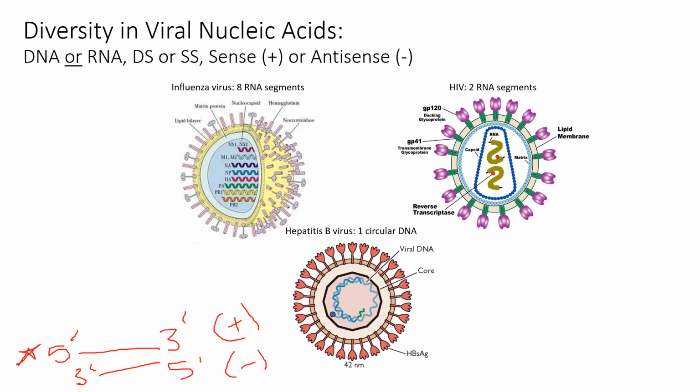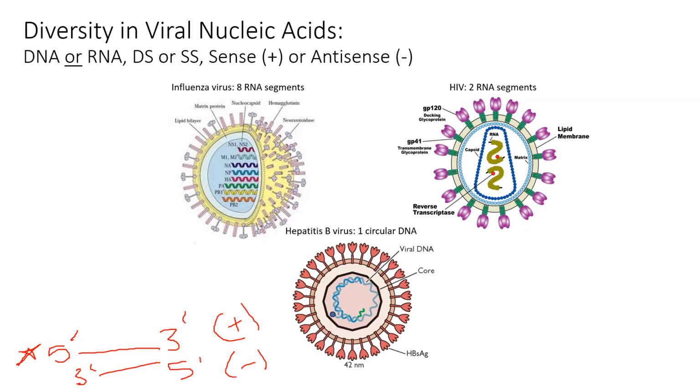And so viruses that come equipped with positive sense RNA, that can automatically be used to make protein. But if the virus has the negative sense, there's just extra steps in there to convert the negative sense to a positive sense. That way the ribosomes can use it. So, like I said, it's very complicated, but it's also really interesting how diverse they are.